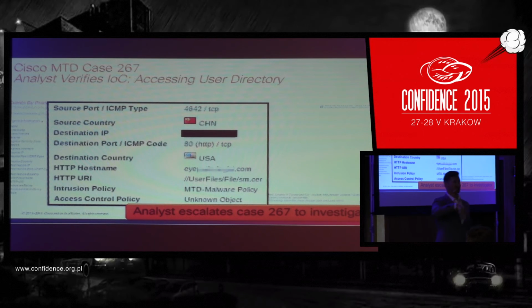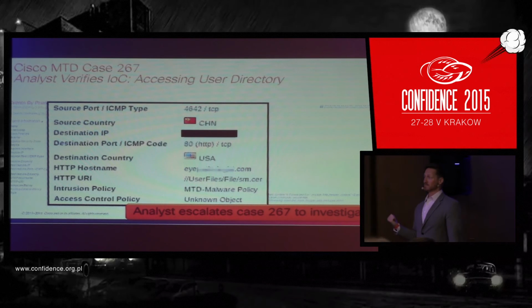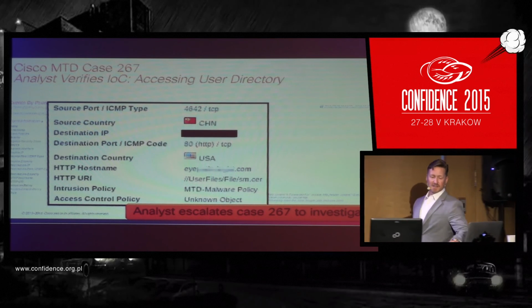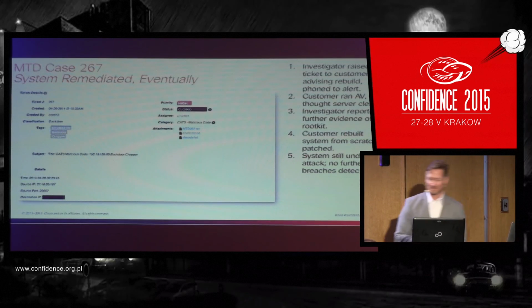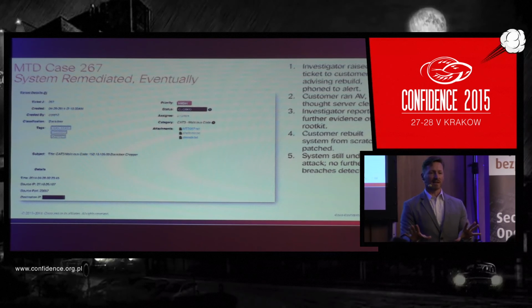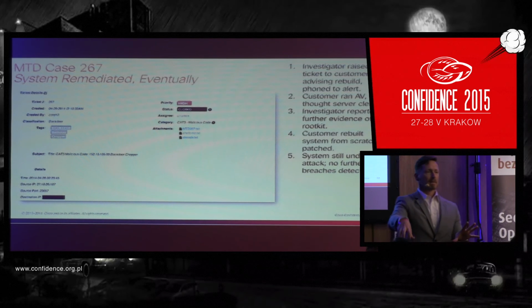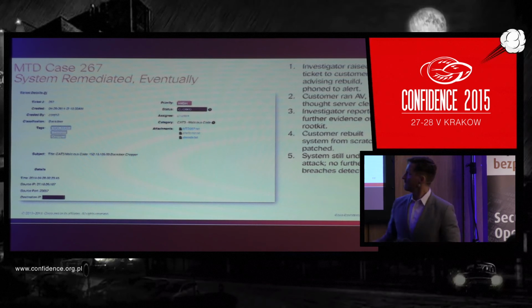This kind of activity should be done by an admin from inside the network, not outside the network. So she raises the escalation to an investigator. The investigator says, hey, this is clearly an indication that your system, customer, is being remotely controlled by an attacker known to be an APT actor, a nation state who's compromised your system.